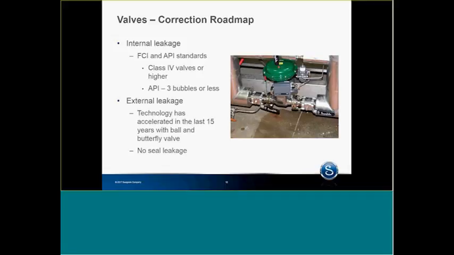And you get what the picture showed on the previous slide, a tremendous amount of leakage. So the thing is, today, when you write the purchase order, as I do, on my purchase order for my isolation valves, no matter if it's a ½ inch or it's 24 inches, I put on there either the API requirements or the FCI standard.